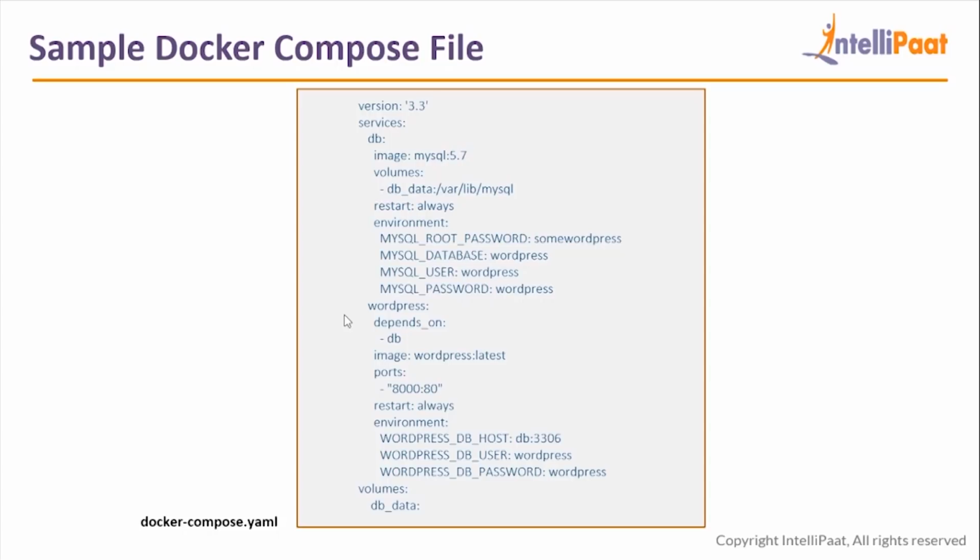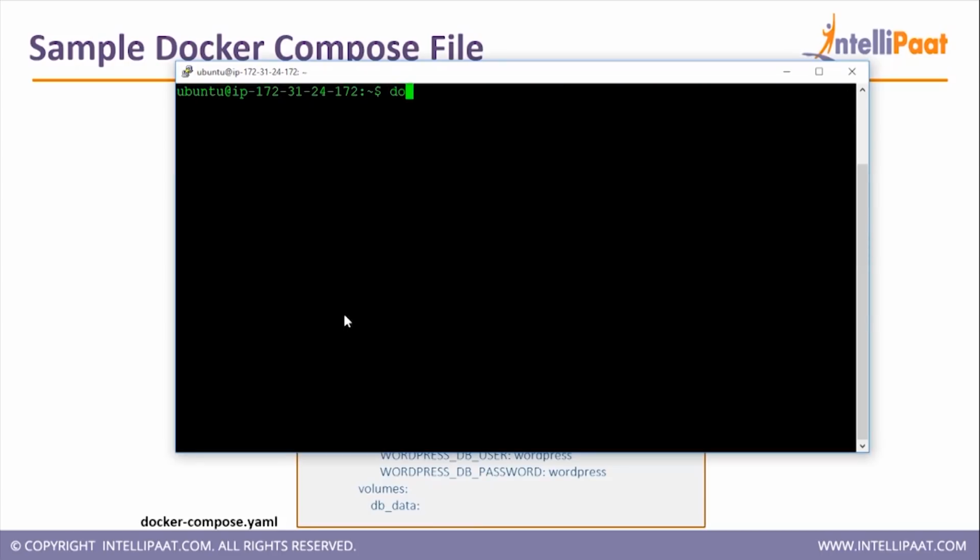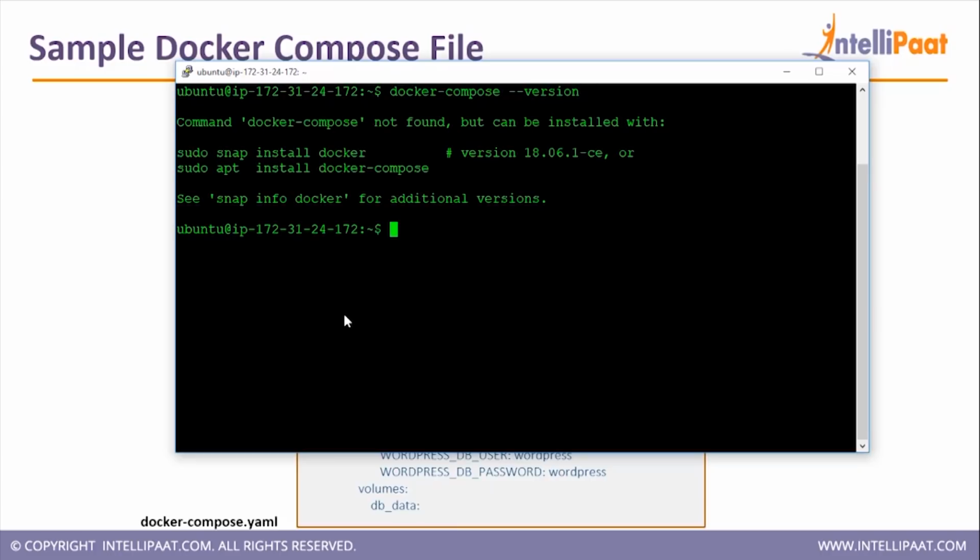Now to install Docker Compose, let me first demonstrate to you that Docker Compose is not present. So docker-compose --version. You can see it is not there as of now.